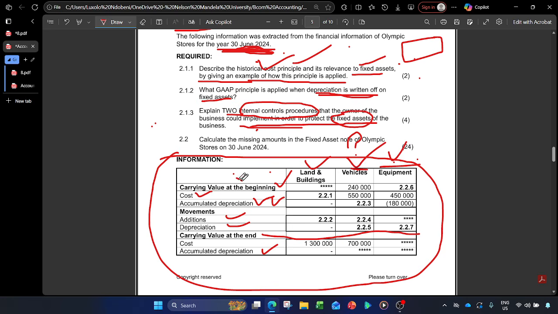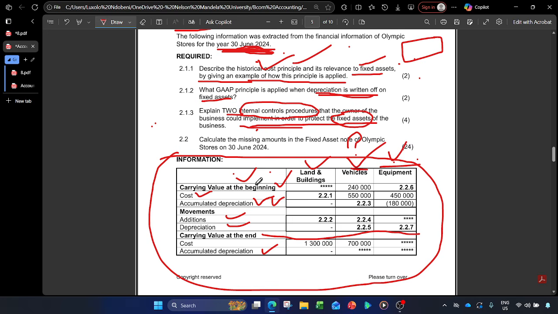So now we have the carrying amount. A carrying amount is the cost minus accumulated depreciation. This is the actual value of the asset at that point in time. Let's say the cost of that asset we bought in 2015 is 200,000, and when you say cost minus accumulated depreciation, you get a carrying amount of 20,000.